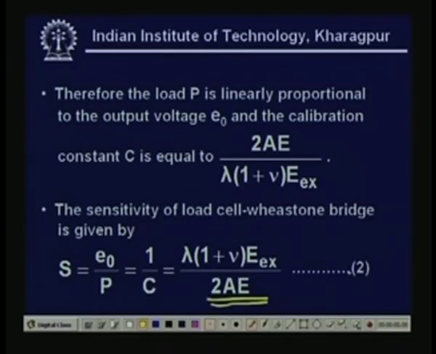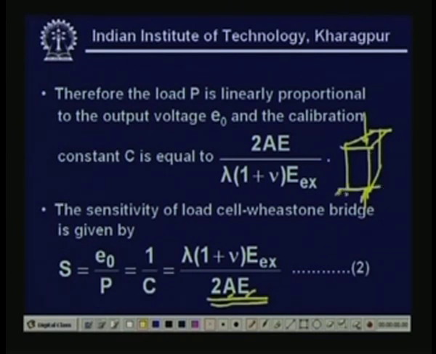Now, interestingly, you cannot decrease A and E too much. If you decrease A and E, you will decrease the range of your load cell. And one important thing, the load cell looks like this. If it is under compressive load, one thing you should mention, because we already discussed the tensile load, is that it should not buckle.